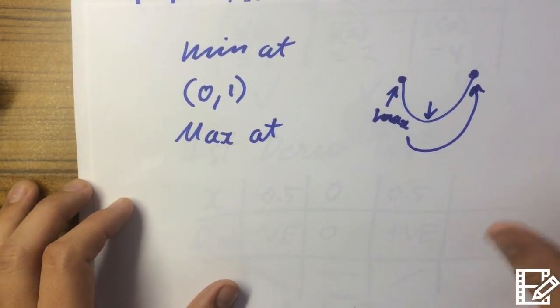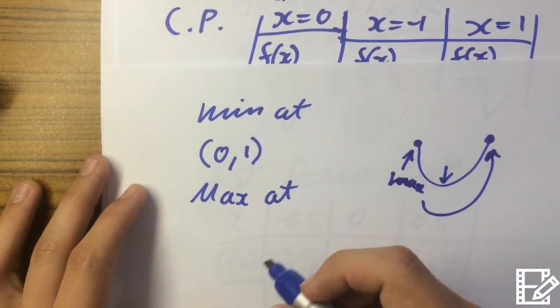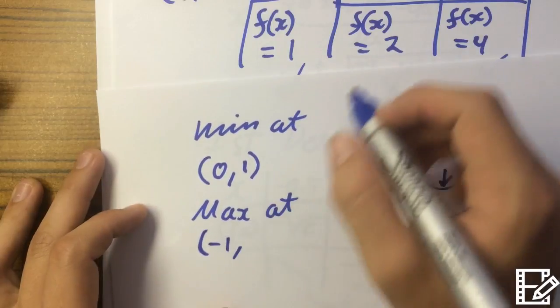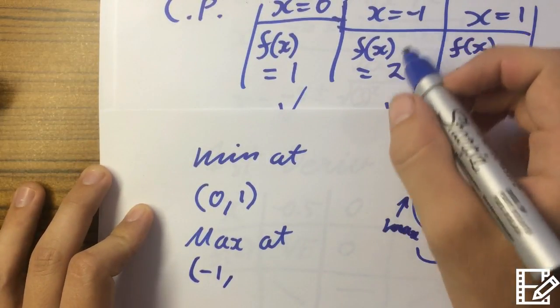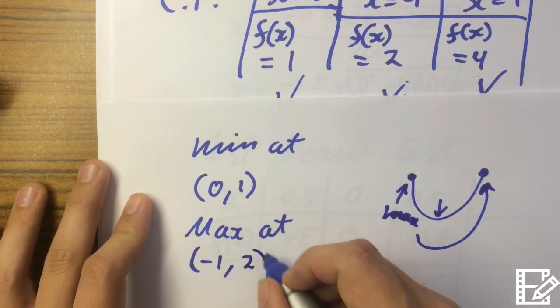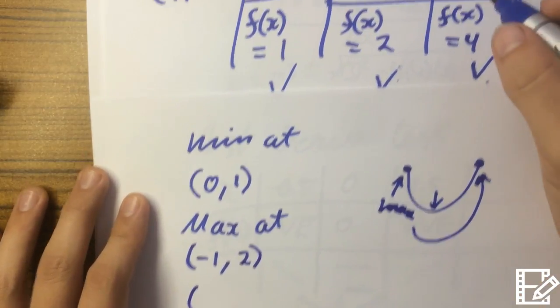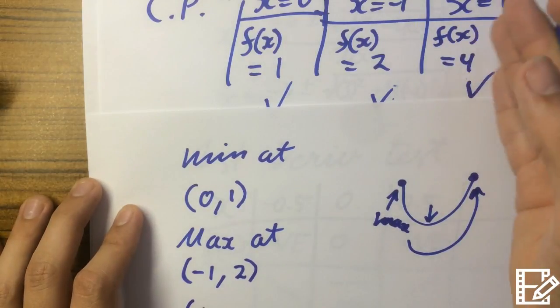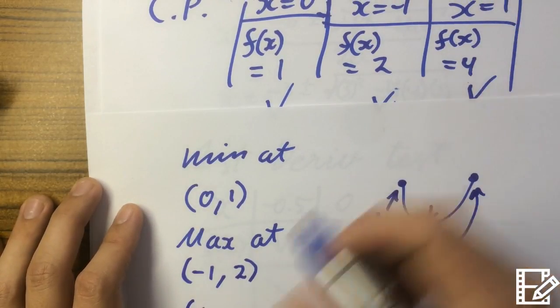Okay, so we're going to say the maximum is at, first one, x equals -1, and we said that when x equals -1, the function, or you could say y, equals 2, and when x equals 1, the function, or y, whichever one you use, will equal 4.